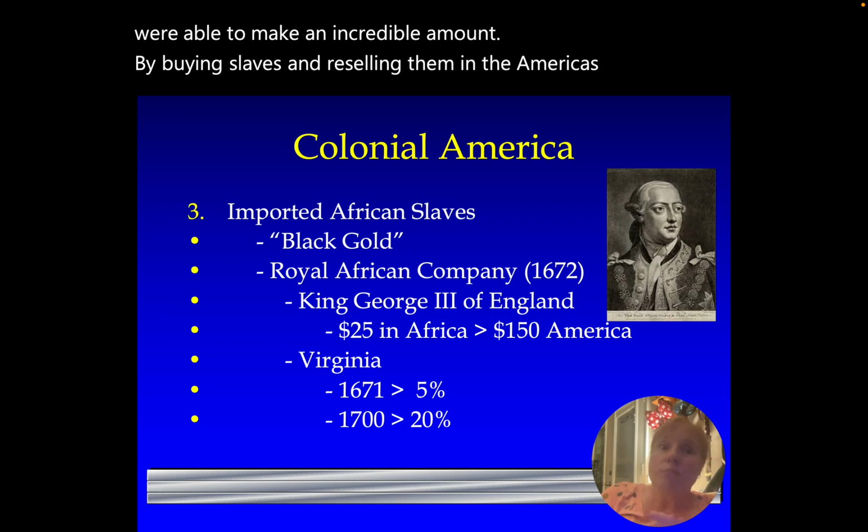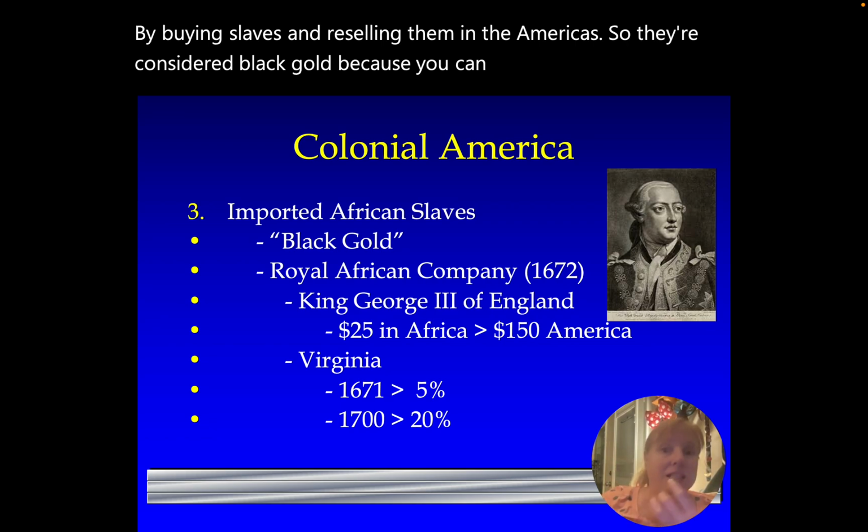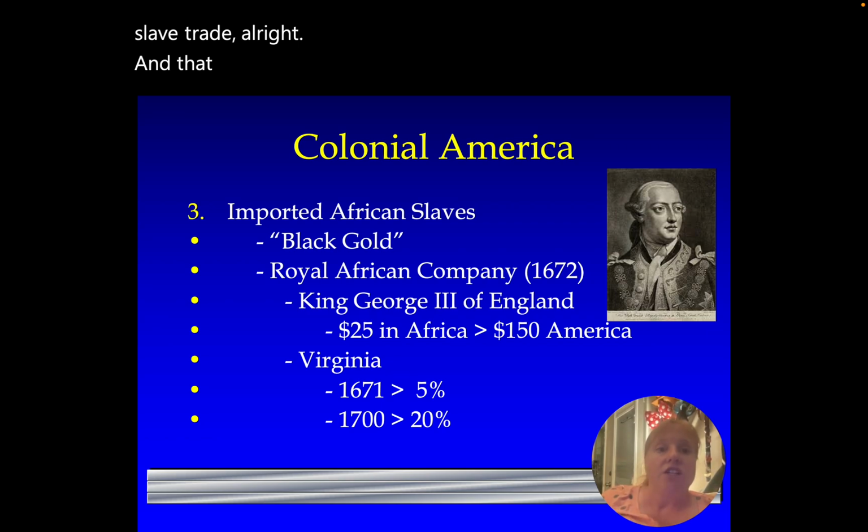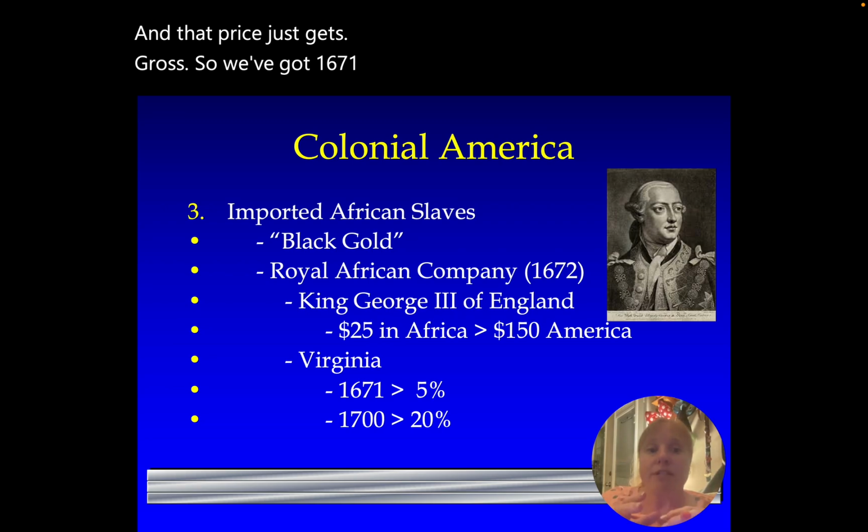So they're considered black gold because you can make a lot of money in the slave trade. All right. And that price just grows. So we've got 1671, 5%, but in the 1700s, it's like a 20% increase.